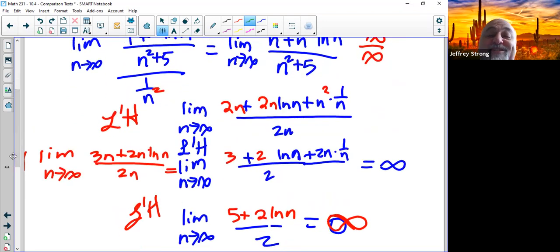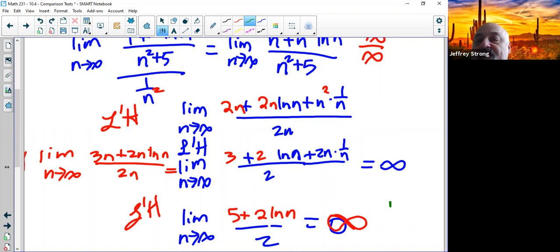The n's cancel here, so I get 2 plus 3 is 5, plus 2 natural log of n, over 2. So that's just infinity.